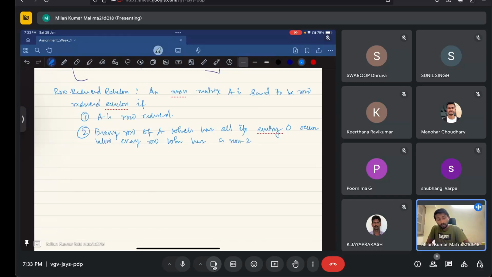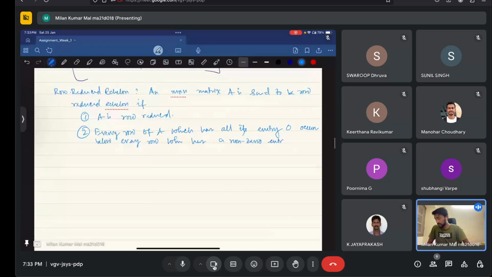That means all the 0 rows should be below. If a row has all entries 0, that row should be below. And all the rows which have at least one non-zero entry will be above the 0 rows.